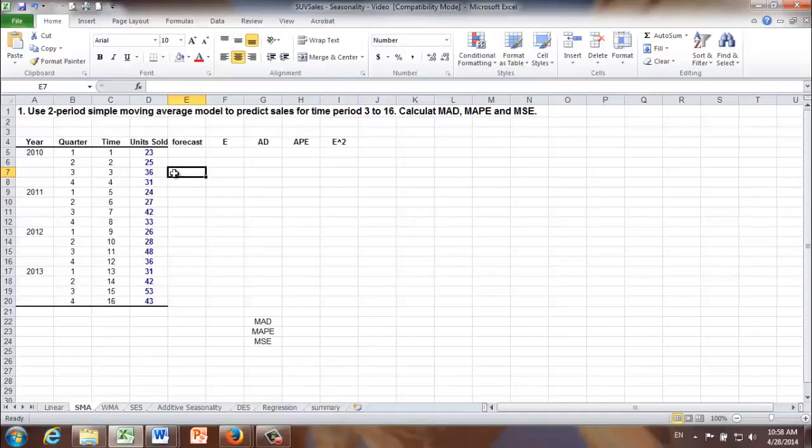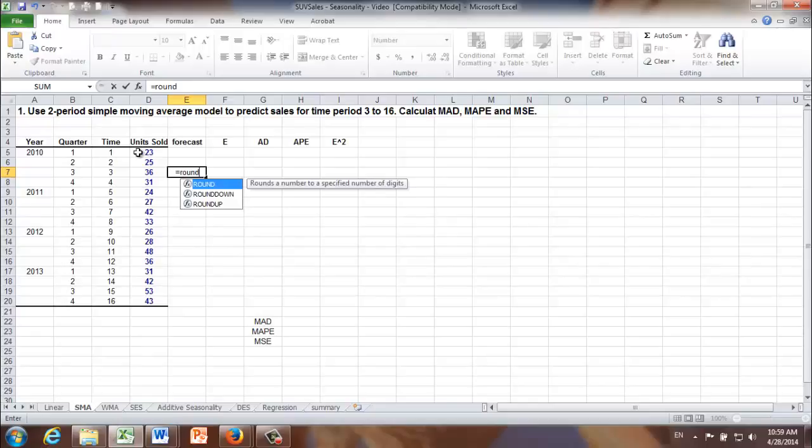Simple moving average is really simple. Okay, we're going to make a forecast for time period 3 first. It's going to be the average units sold in time period 1 and 2. Because here we're talking about SUV sales, the numbers have to be integers. So we're going to use a function called round.